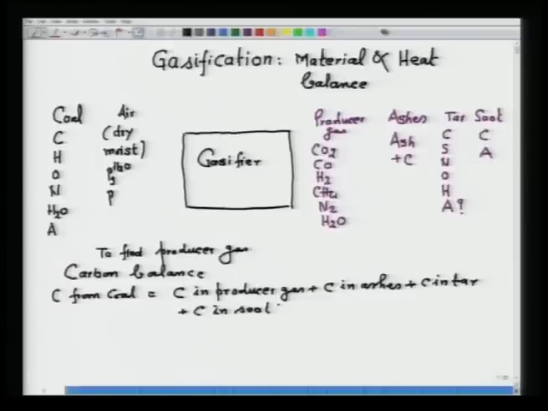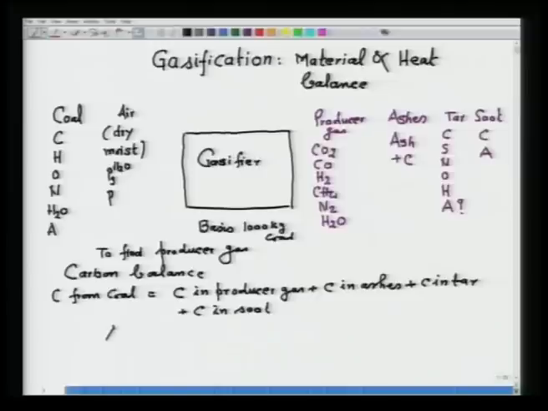Out of which the amount of soot must have been given, the amount of tar is also given, and then the amount of coal; you may declare the basis of your calculation could be 1000 kg coal. You can take 1 kg coal, 1000 kg coal, whatever you like, the basis is always clear.